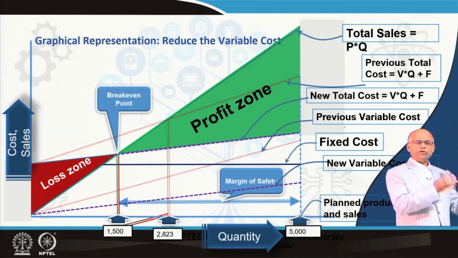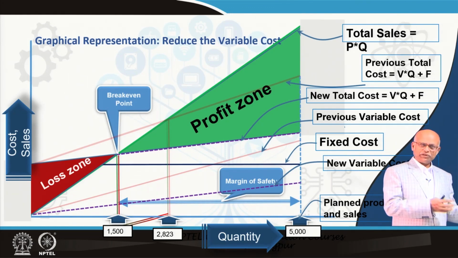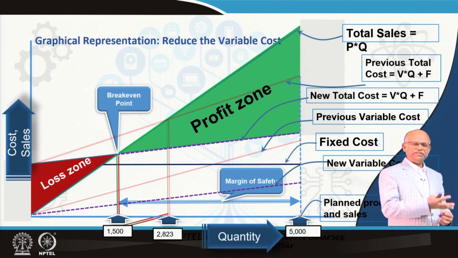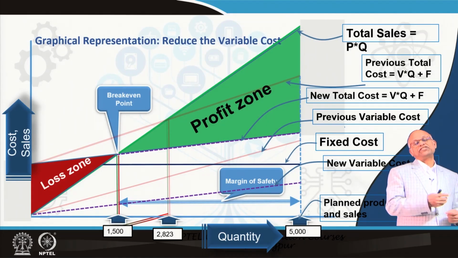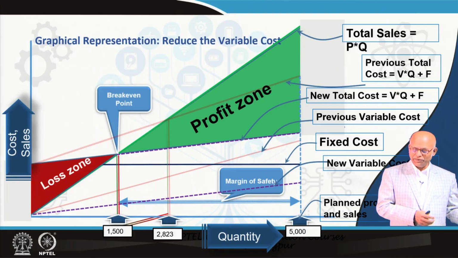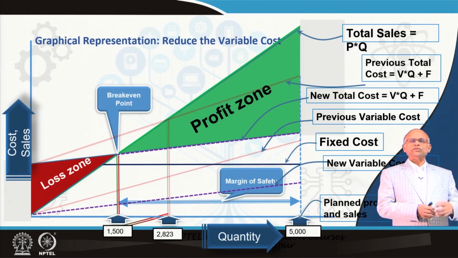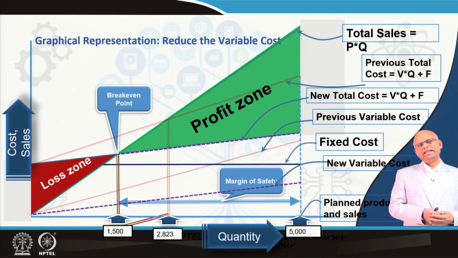If you put up an automatic plant, then your capital cost is going to go up, your depreciation is going to go up, the interest on term loan is going to go up. So, your cost structure is going to go up significantly, whereas because it is an automatic machine, the losses will be less, time requirement will be less, so labor cost will be less. So, much of the variable cost will be less.